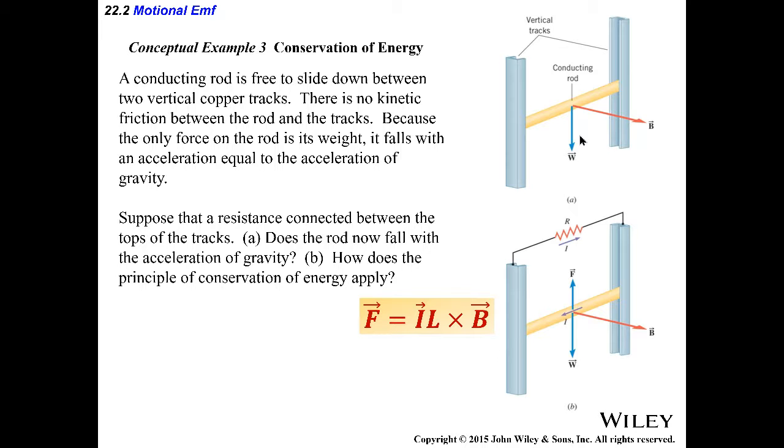If you are falling, all the charges in the conducting rod are moving with velocity downward. With B out of the board, the force on these charges would be to the left. Therefore, the current would be flowing this way, which is what we showed down here. The current is now flowing this way.